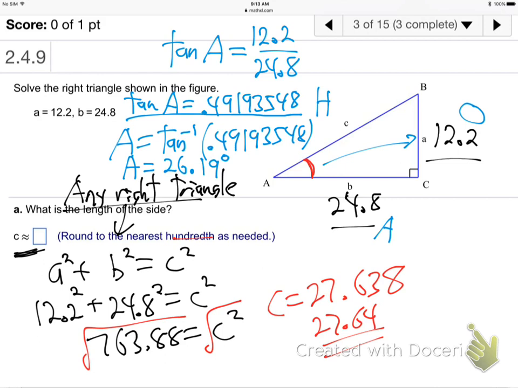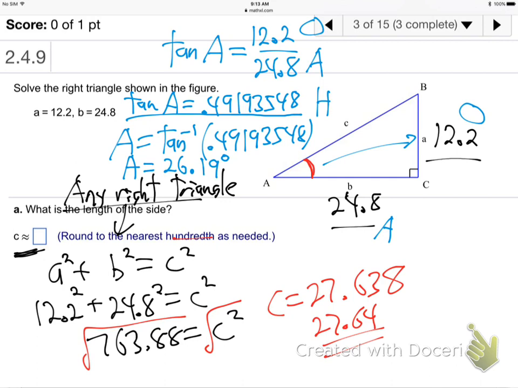Right? So going up here again, tangent is opposite over adjacent. So I did right up here, opposite over adjacent, 12.2 over 24.8. Divided them on my calculator, so I had tangent A is that 0.49 blah, blah, blah number. So therefore, A is the inverse tangent of that. That's how you find an angle inside of a tangent or cosine or whatever.